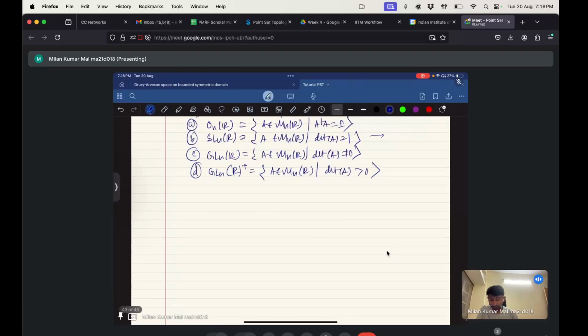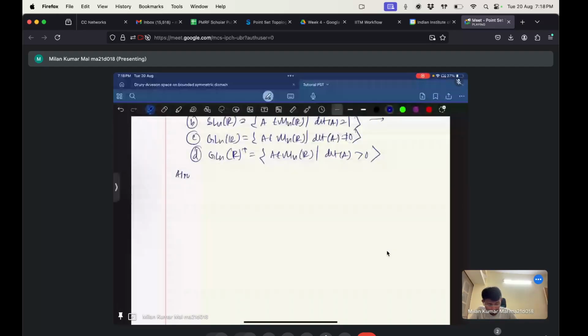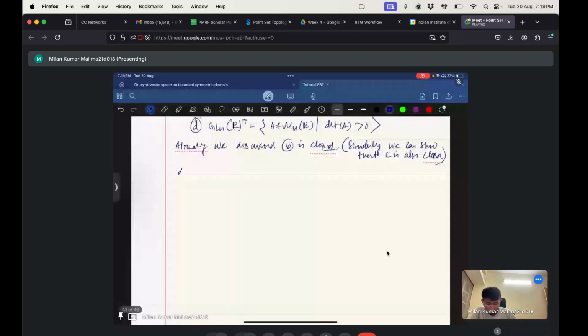What is the main idea is that we already discussed B is closed. Similarly, we can show that C is also closed. How is it basically defined? Let f be a function from MnR to the real numbers R with standard topology on both sides.